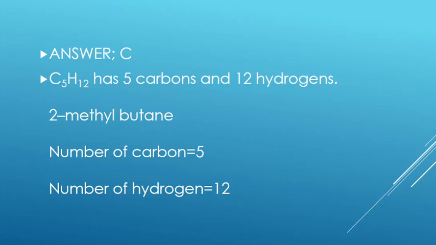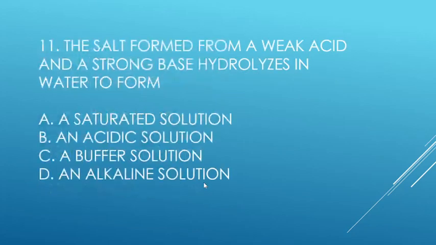If you look at 2-methylbutane, it has 5 carbons and the number of hydrogen is 12, which is equivalent to C5H12, because here we have C5 and H12, which means 5 carbons and also 12 hydrogens, which is equivalent.